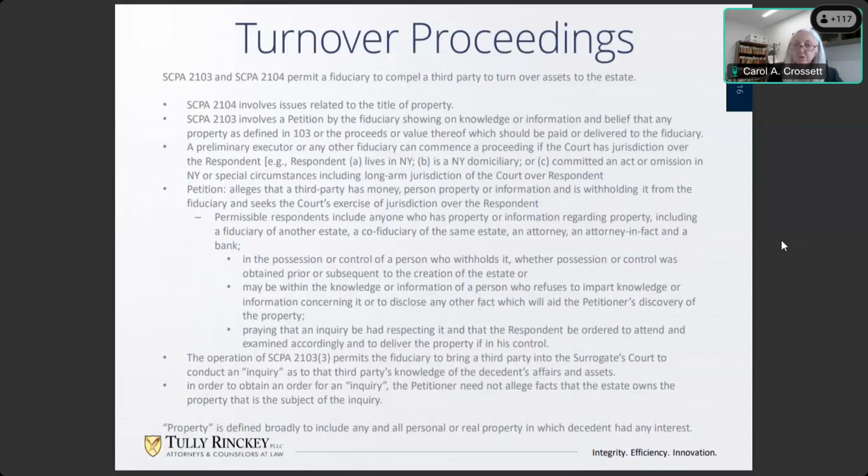So the relief is to pray for a hearing or an inquiry for the attendance and examination of the respondent concerning the subject matter of the petition. And the petitioner need not allege facts that the estate actually owns the property that is the subject of the inquiry, and it can relate to things that happened both subsequent to the estate and also before the estate. And property is defined very, very broadly, and encompasses all interests.